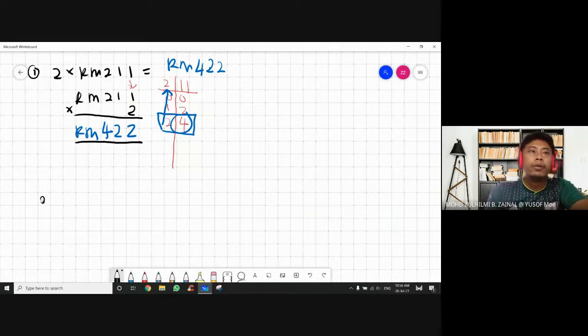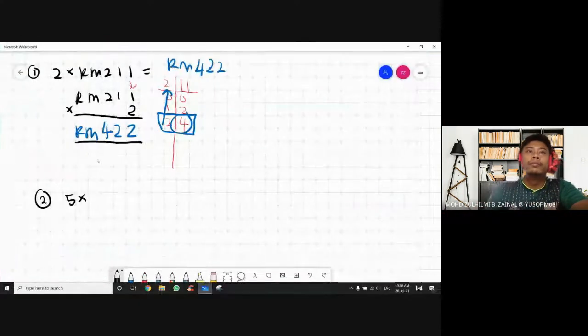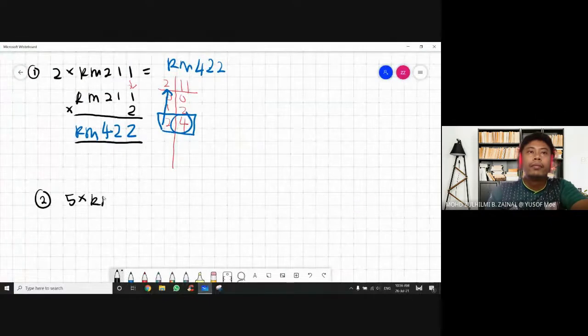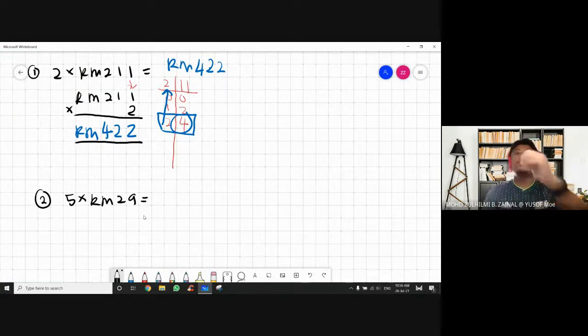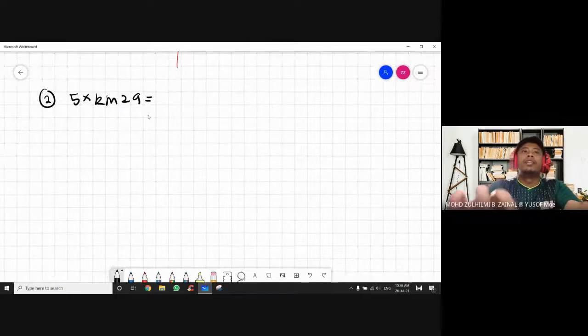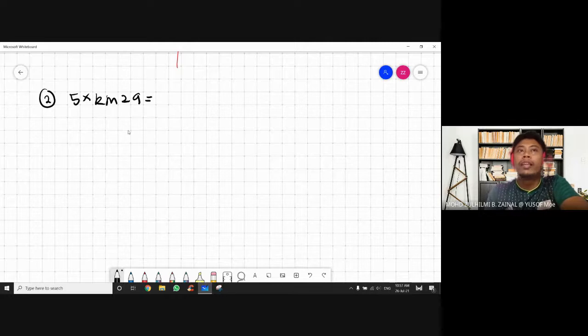The number is simple, only RM29, a 2-digit number. So you have to copy down 29 times 5.